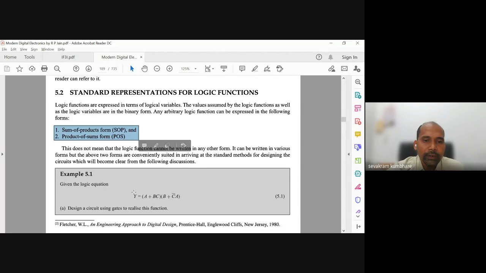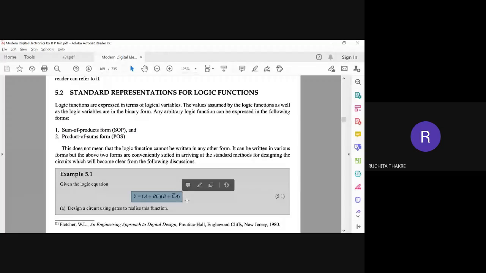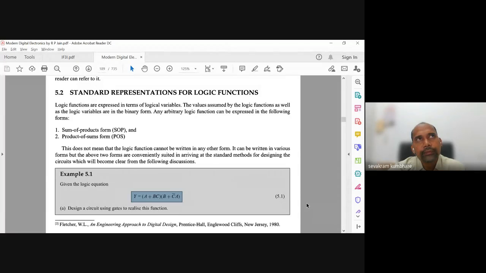Can anyone tell me whether this expression is sum of product or product of sum? Which type is it? Sum of product. Any other answer? Anyone else? Why is it sum of product?